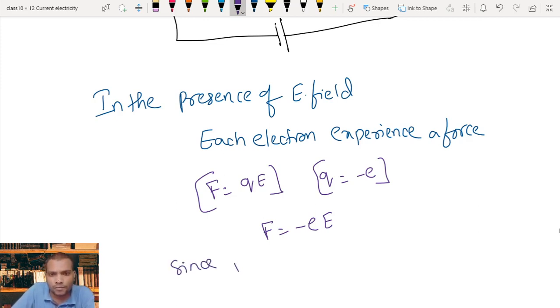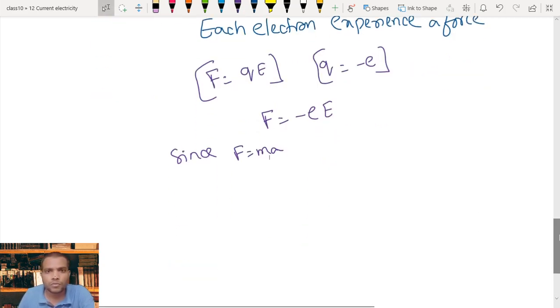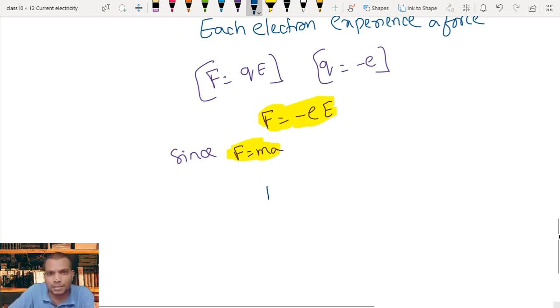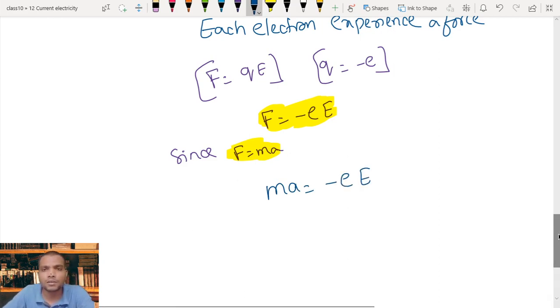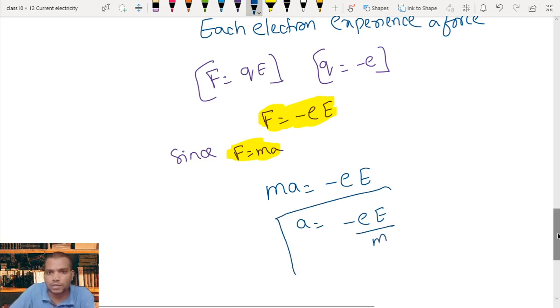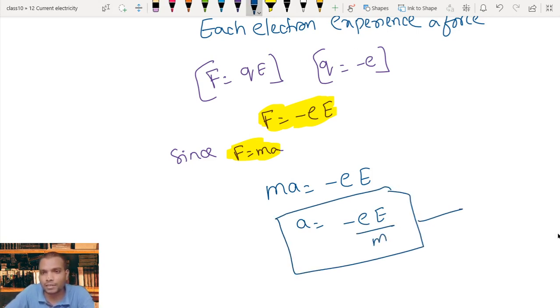Since F equals ma from Newton's second law, we make these two forces equal: minus eE and m times a. So m times a equals minus e, the charge of the electron, times the electric field. Therefore acceleration a equals minus eE upon mass. So this is the acceleration of an electron.